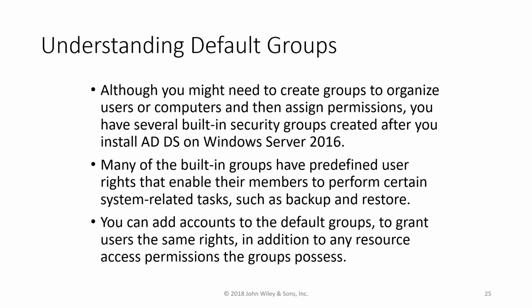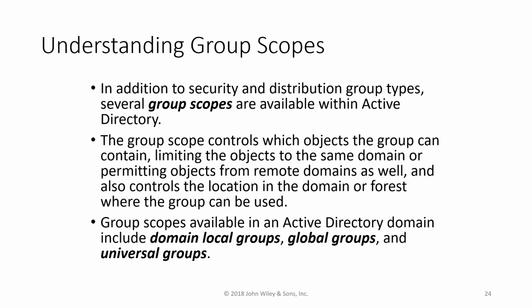Let me explain what these are. A domain local group is a group that is only accessible within the local domain that it has been created in. Then the global group allows you to access resources in other domains in the forest.